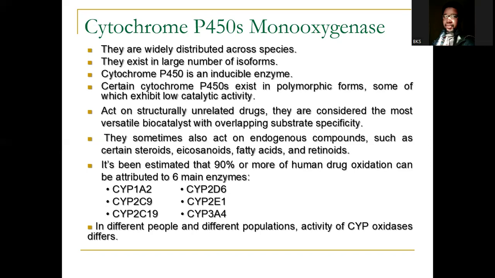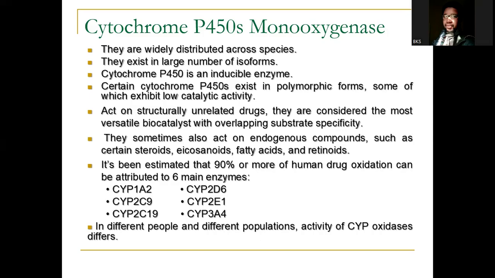So this one belongs to family 1. You can also have another group that have up to 40% similarity in the amino acid sequence. They are also given another family, let's say family 2. Like this, you have a lot of families. They were divided into families.